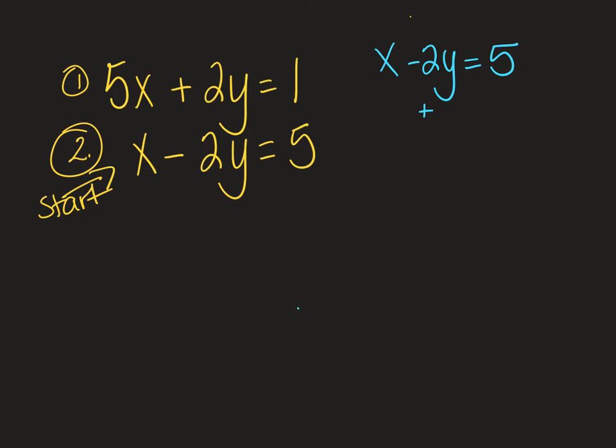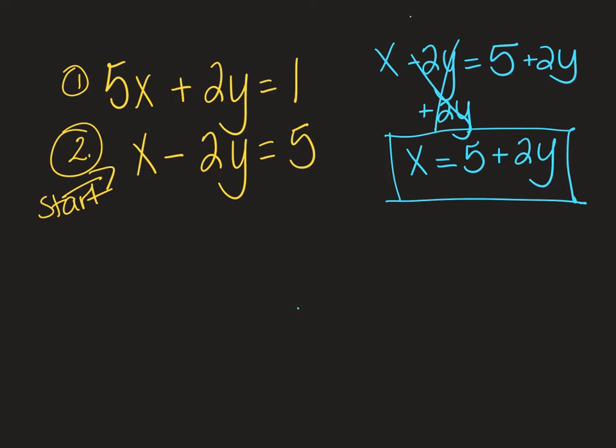I'm going to add 2y to both sides because I want to isolate my variable, remember? Cancel out. X equals 5 plus 2y. That's my partial value of x.